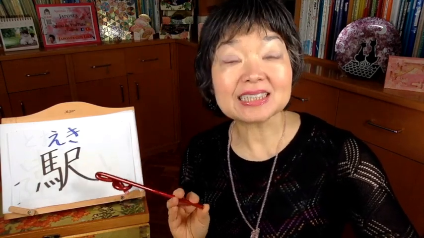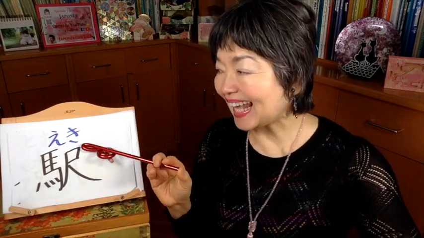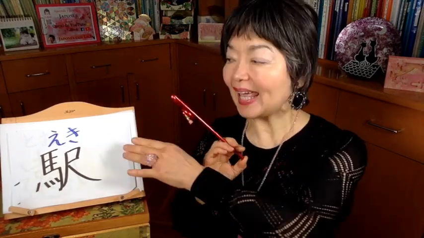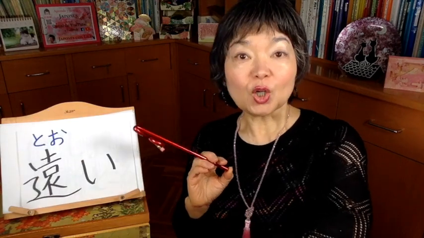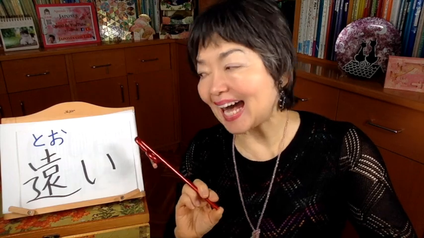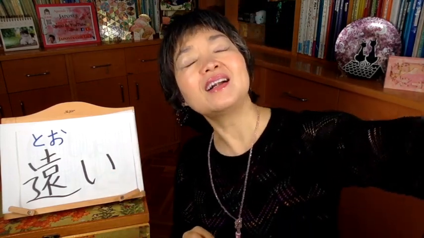Other example using these words. 駅 with this kanji. This is station for trains, subways, like this. 駅 station. 遠い, do you remember? This is い形容詞. 遠い, far away.